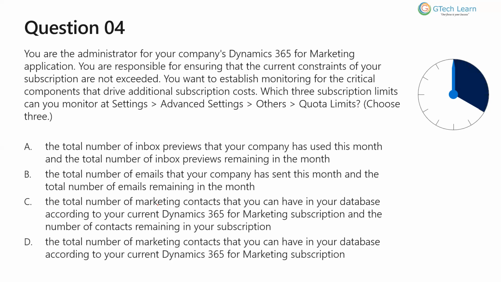Option C, the total number of marketing contacts that you can have in your database according to the current Dynamics marketing subscription and the number of contacts remaining in your subscription. Or option D, the total number of marketing contacts that you can have in your database according to your marketing subscription. So your answers on the chat: which three options can we check in the quota limits? Let me start the timer now.